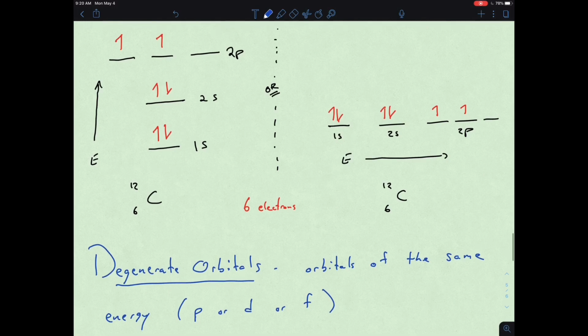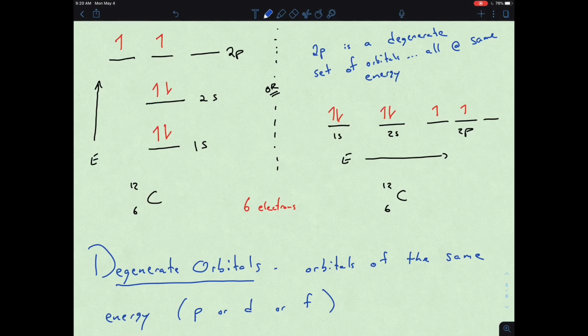So above here, the 2p is a degenerate set of orbitals. They're all at the same energy. So that's why we have to put them in one at a time.